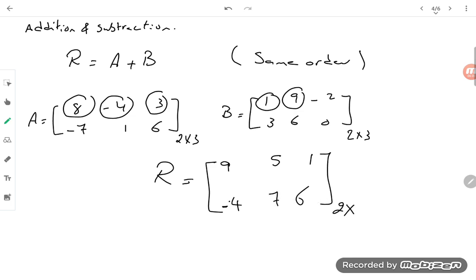So this is a 2 by 3 matrix, which is calculated as the summation of A and B. We are going to calculate each element with the corresponding element in the other matrix.